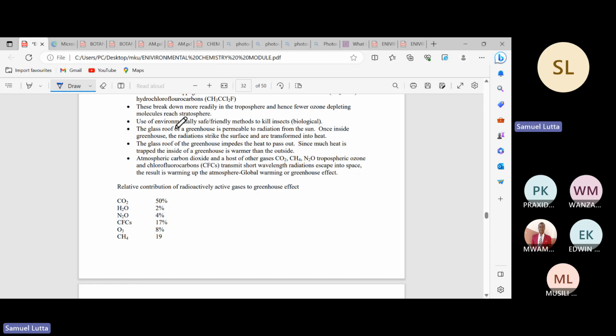So we have layers of these gases here, and after the radiation has struck the surface, it will be reflected back.